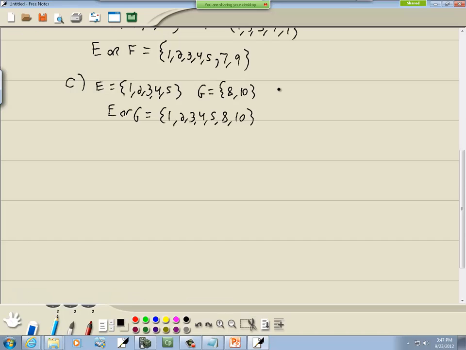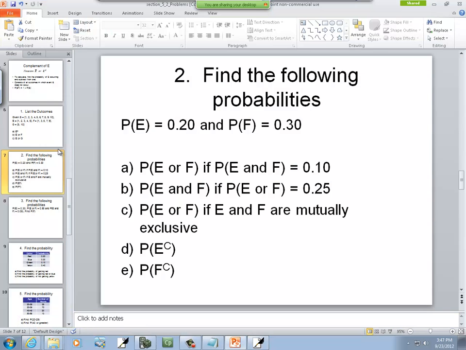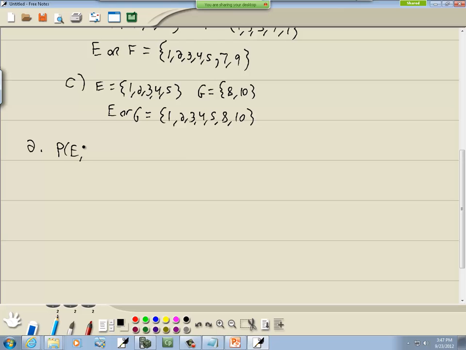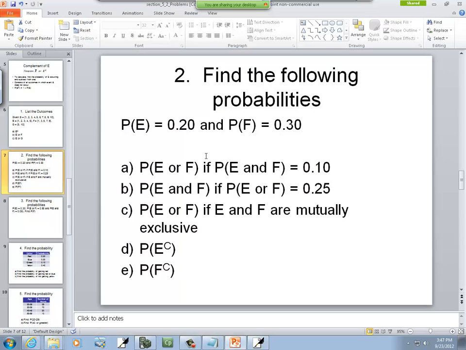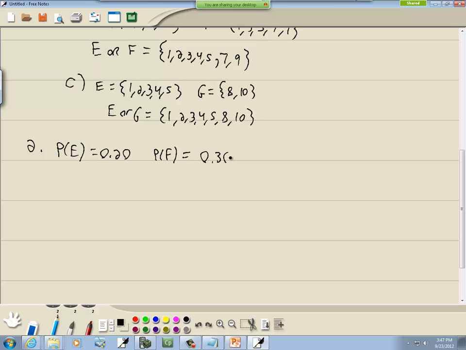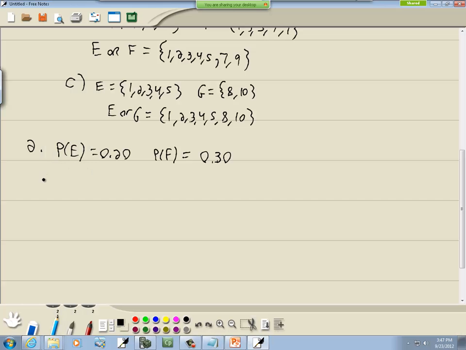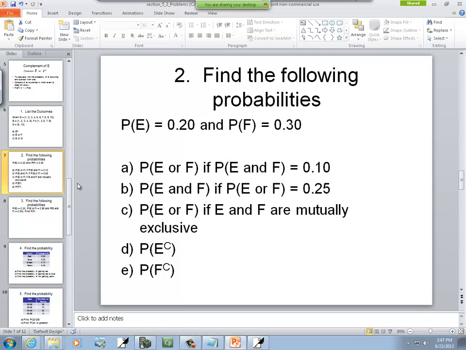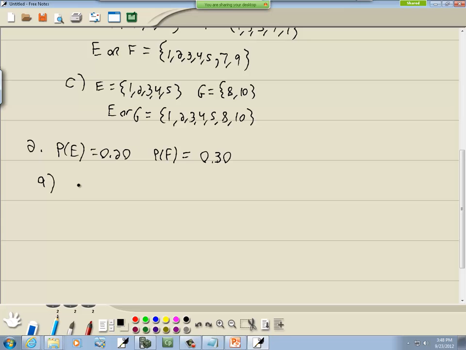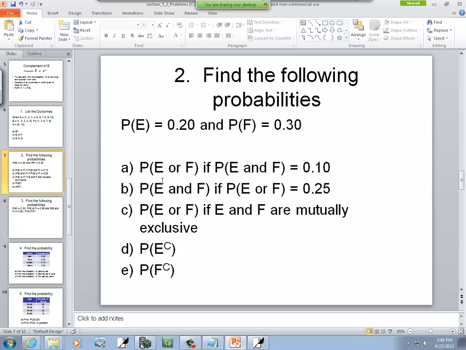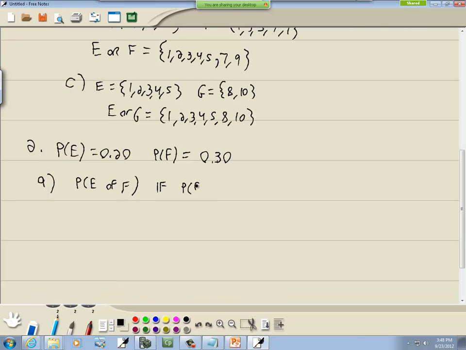Let's take a look at this one. Probability of E is equal to 0.20. Probability of F is equal to 0.30. And A says we want to find probability of E or F, if the probability of E and F is equal to 0.10.